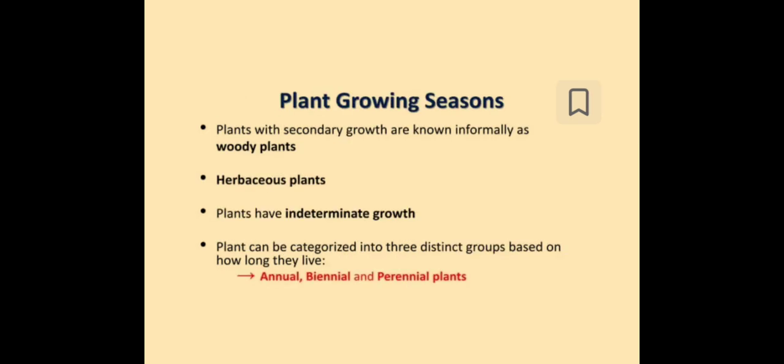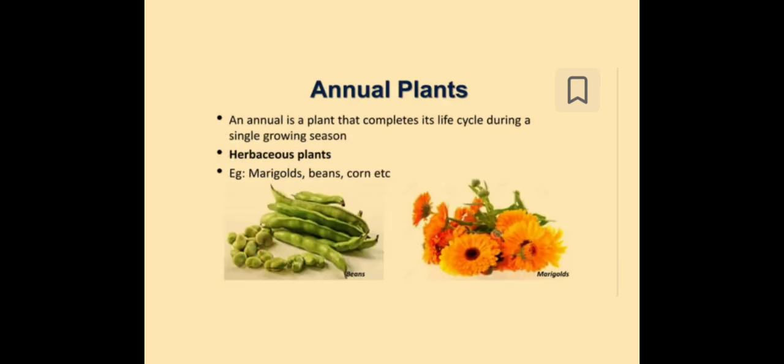Plant growing season. There are three seasons in which a plant can grow: annual, biennial and perennial plants. Annual plants. An annual is a plant that completes its life cycle during one single growing season.